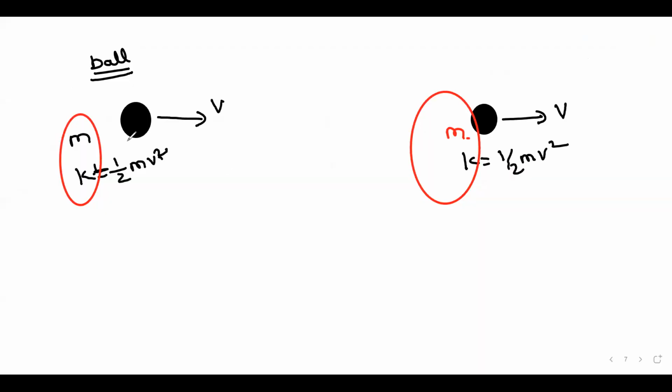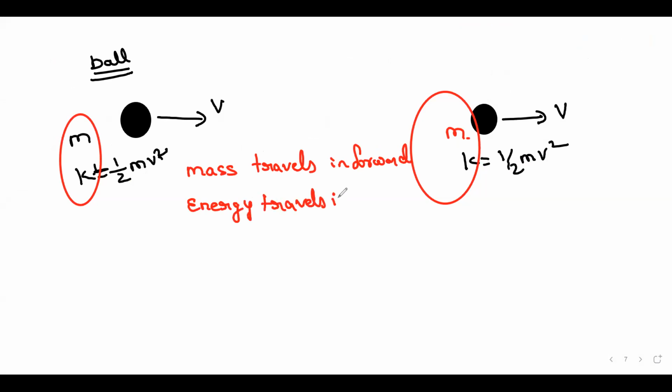See, in the case of the ball, mass travels in forward direction and energy also travels in forward direction. But in case of wave, mass moves up and down.